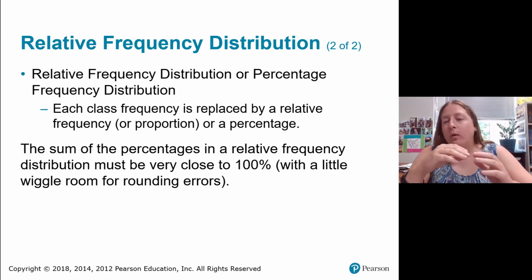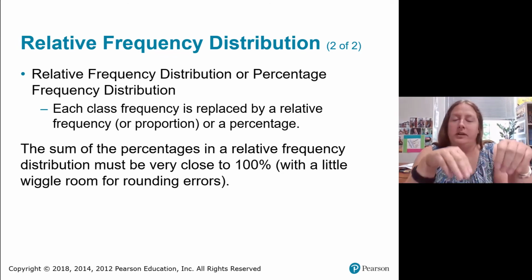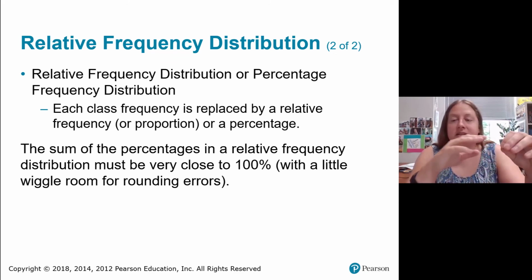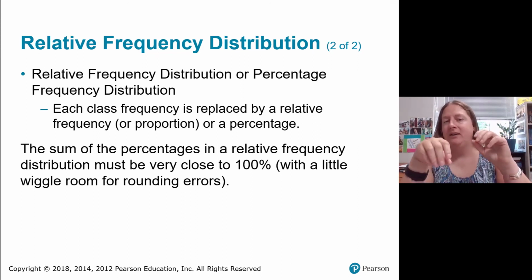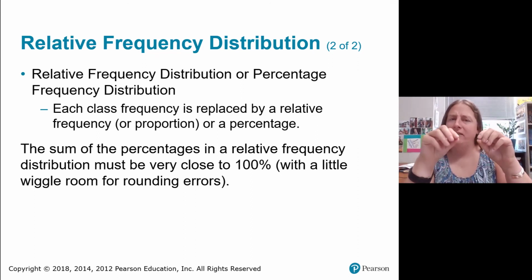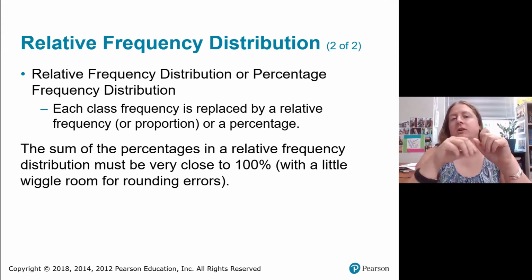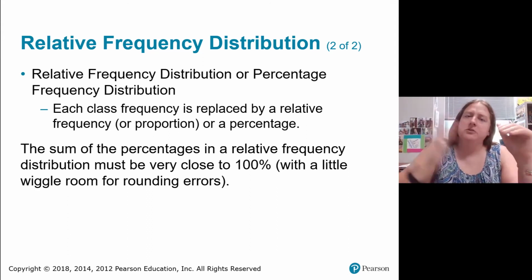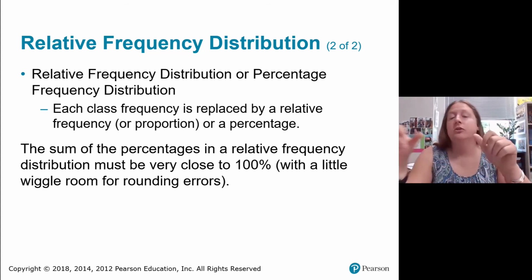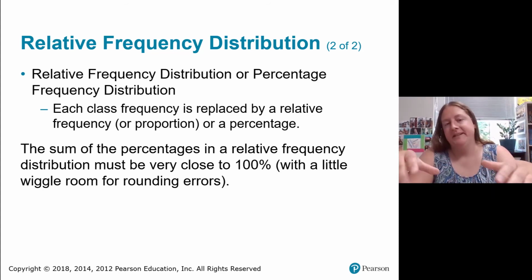So when we do this, what we're going to end up with is the sum of all of these things will always be really close to 100%. I say really close because sometimes when you do these division things, you'll have it come up to something 0.4, something 0.4, something 0.4 a whole lot of times, and all of those you're going to round down, which will mean that you'll come up a little bit short of 100%.